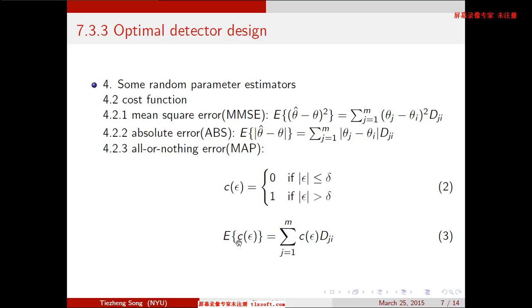So finding the minimum of this function is equivalent to finding the maximum posterior. So we can find the estimator in this way.